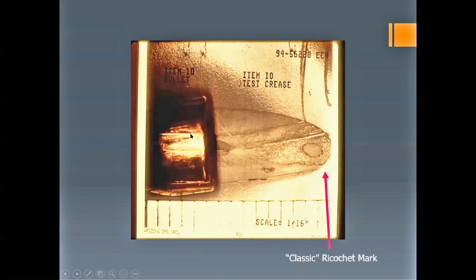Can you see the lines here? Tell me what the rifling of the barrel this bullet was fired down is, left or right. Okay, if you sat the bullet on its base, stood it up, these lines are leaning to the right. We have a barrel with a right hand twist.